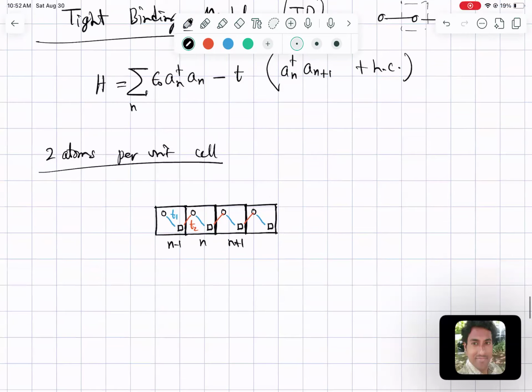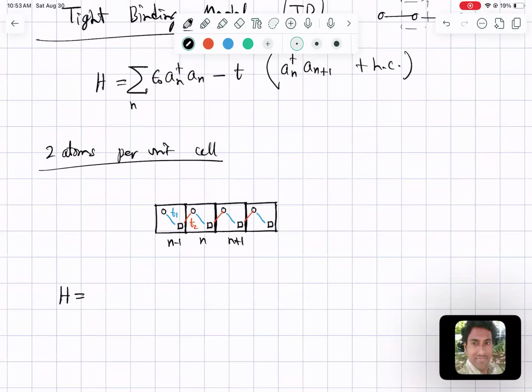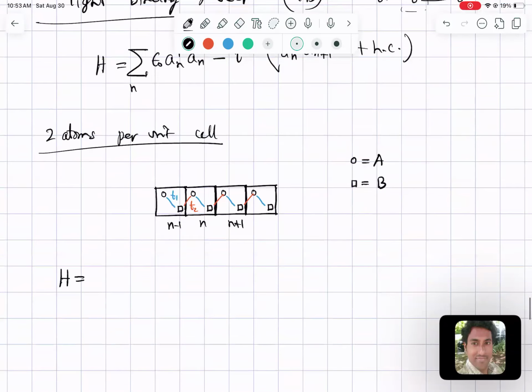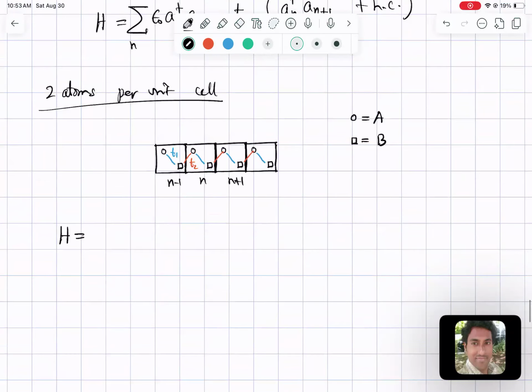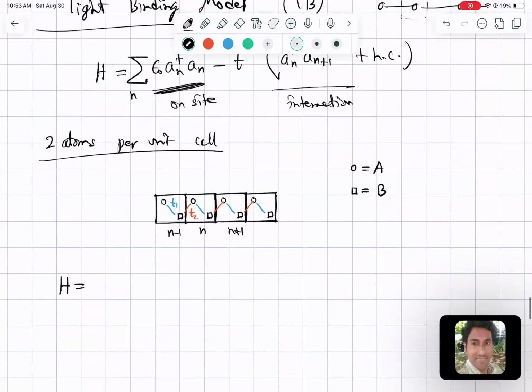So how do we write the Hamiltonian for this? For this case, we have circles and squares, right? Let's call circles A and squares B. Okay, so we have site A, site B, and in each unit cell we have one A, one B. So remember, for the on-site term, we just have a dagger a.